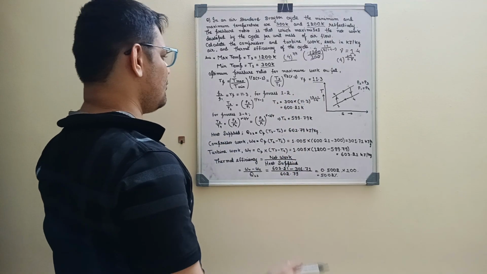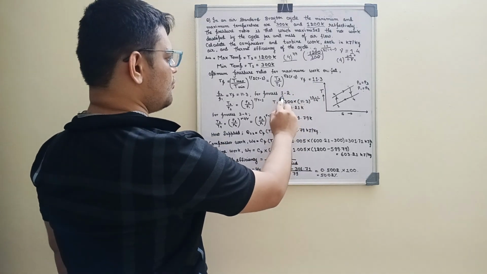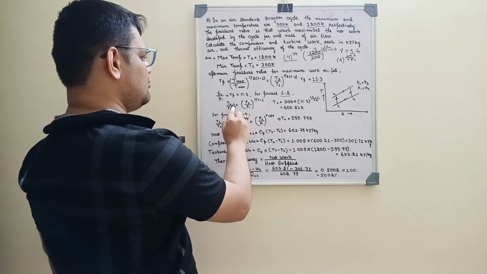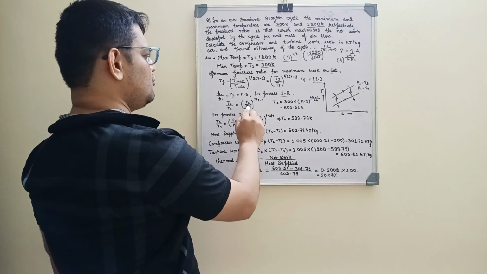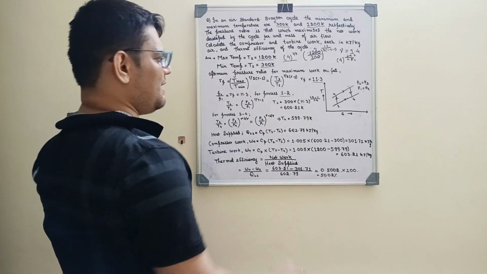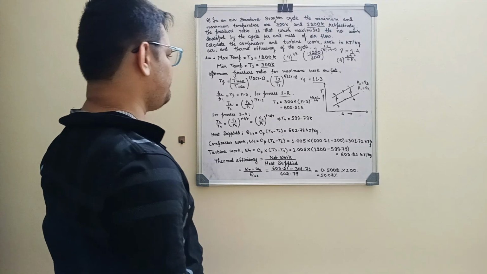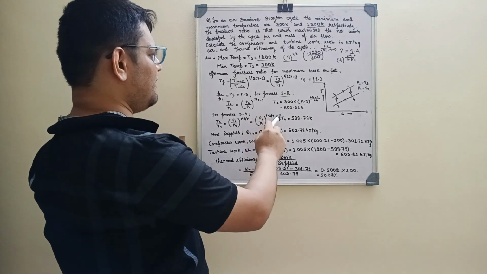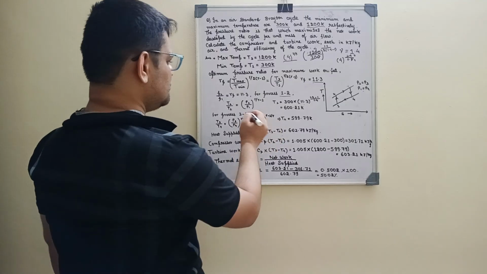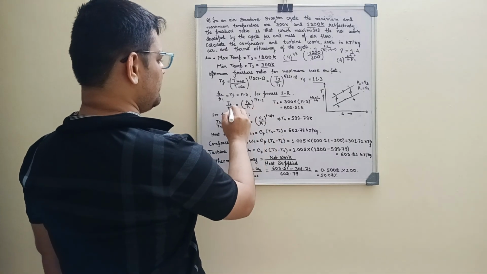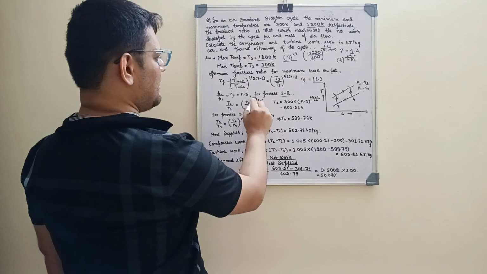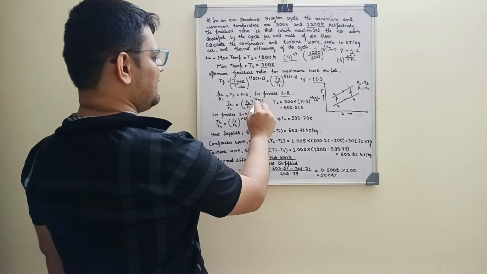Now in the process 1 to 2, we will take P2 by P1 to the power gamma minus 1 divided by gamma. So T2 is equal to T1 into (P2 by P1) to the power (gamma minus 1) divided by gamma.